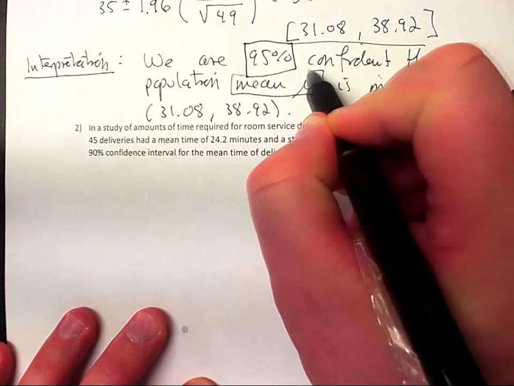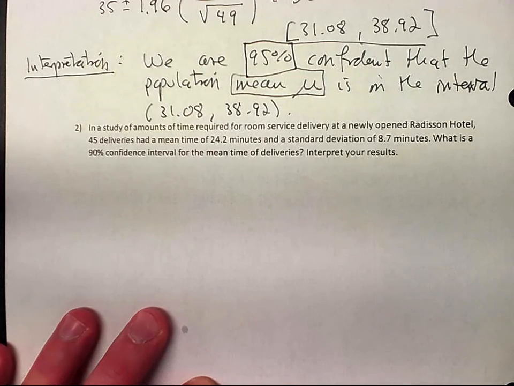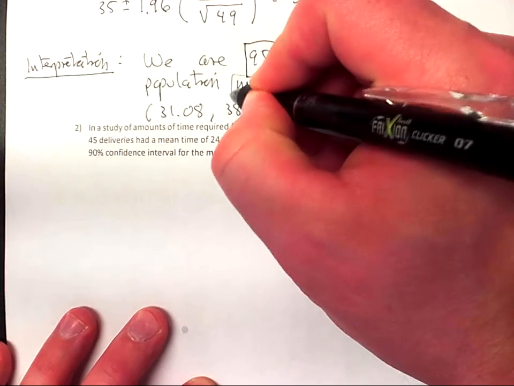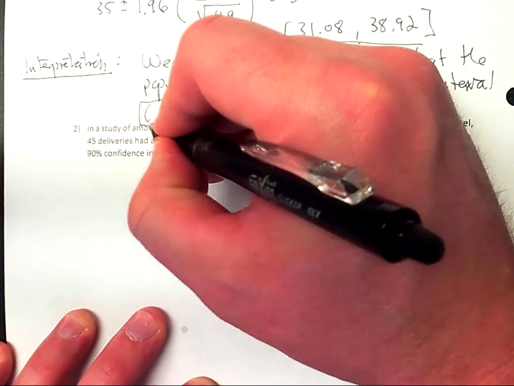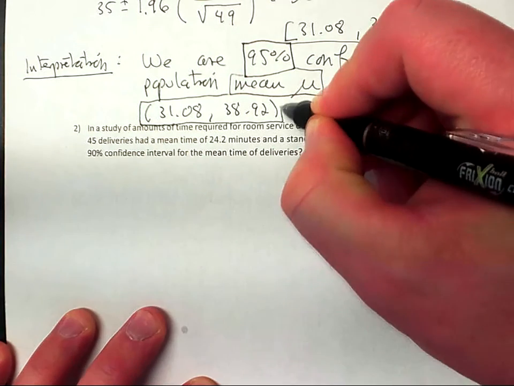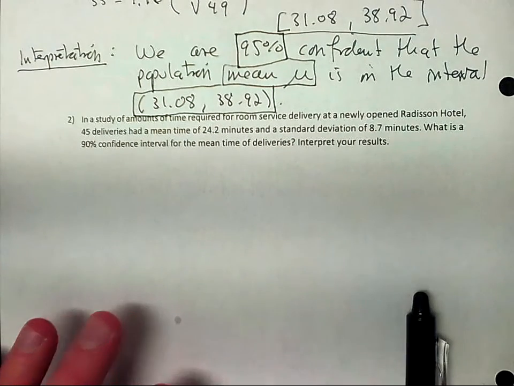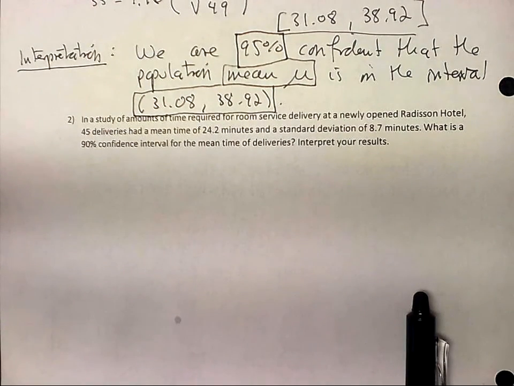We're still looking at the population mean, but later on we're going to deal with the population proportion, so the other thing you could change out would be mu. And then obviously the interval we calculated could have different numbers if the problem had different numbers. So the only things you're really ever going to change out are those three boxes.